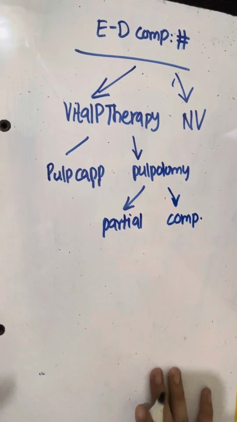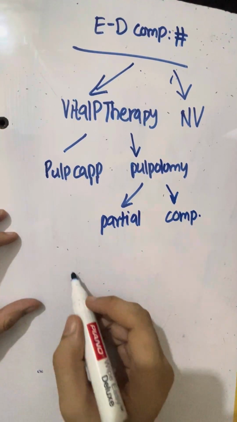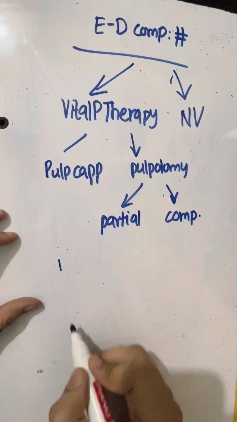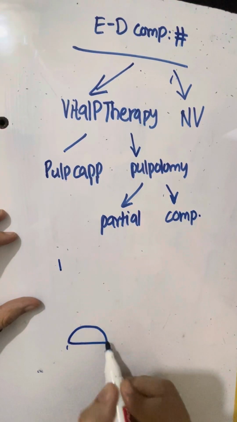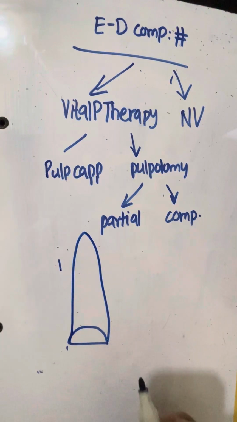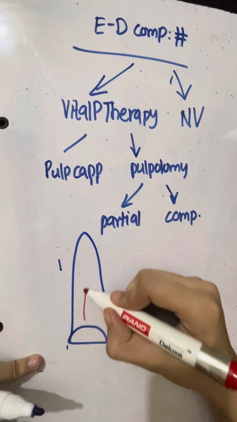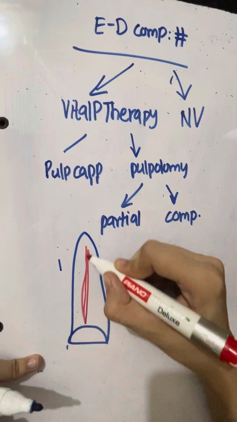What do you mean by partial and complete? Suppose that this is our tooth and this is our root and this is our whole pulp.